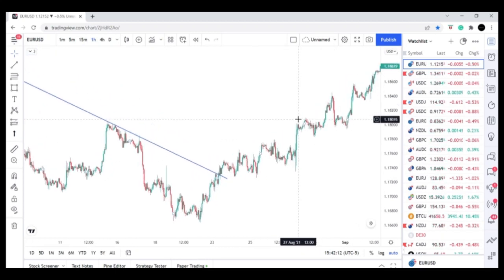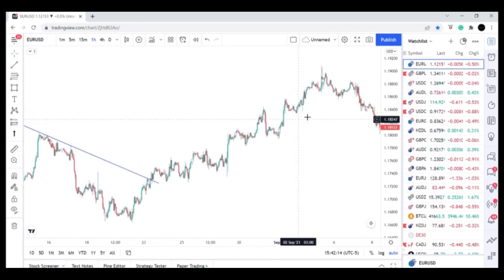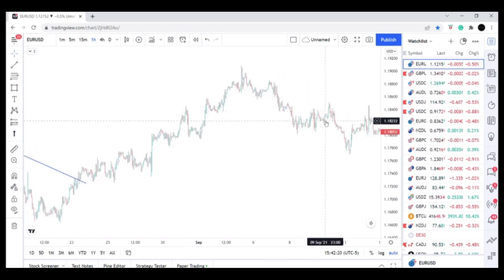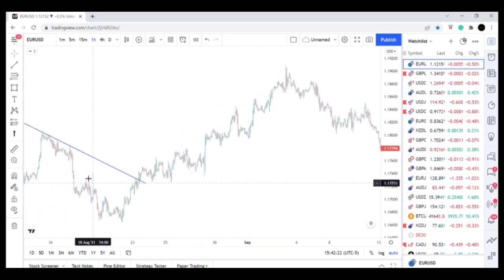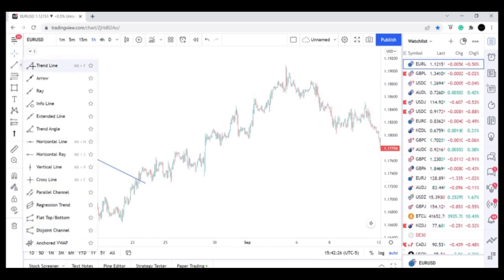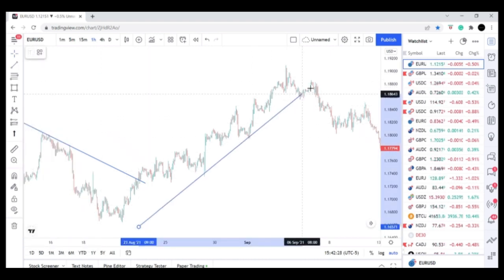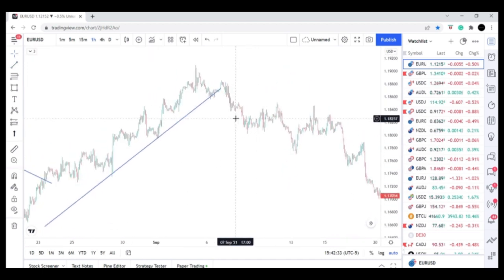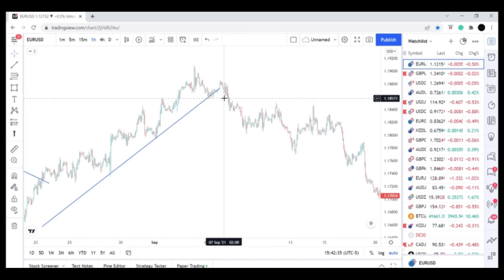Notice how we're going up right here, and then we break this low right here, and then we break this low right here, and then the market goes down. So when the market breaks a swing high and a swing low and then it breaks a trend line, that's another way to look at the market and say the market might be changing direction and reversing.